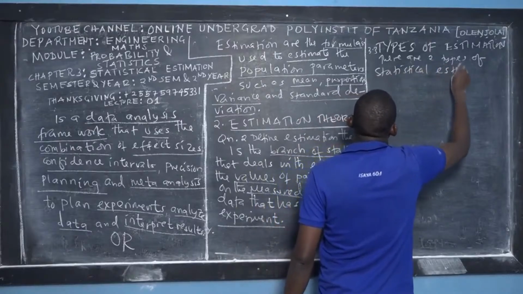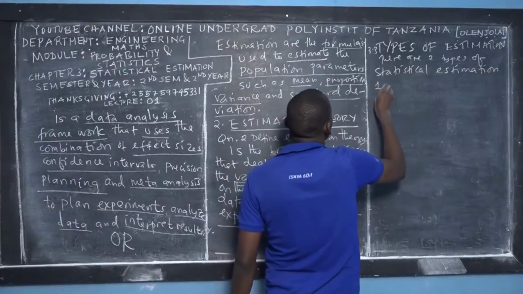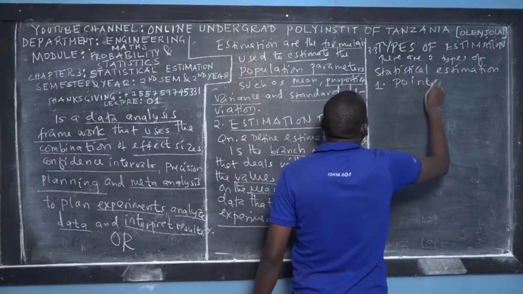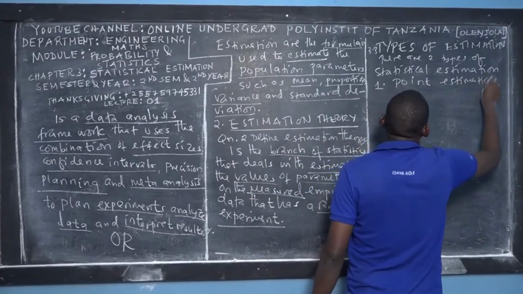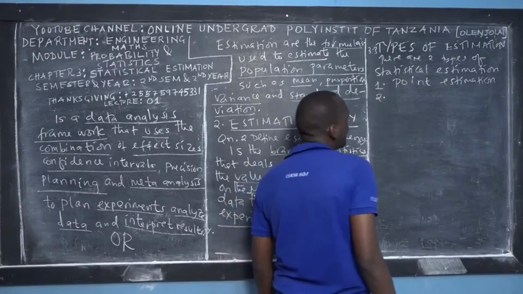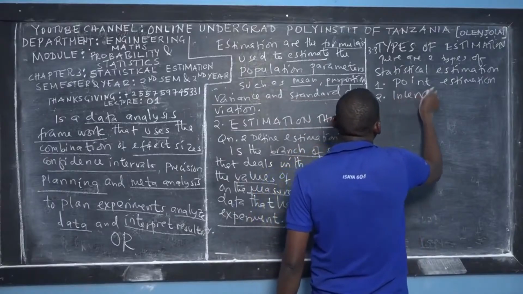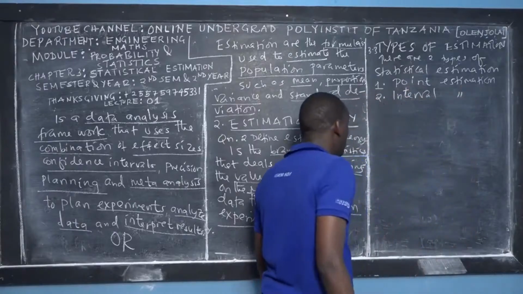And these two types, the first one we call point estimator or point estimation. Point estimation will be having a fixed value as the result of estimations. At the end of estimations, we have a fixed value. But the second one, we call it interval estimation.